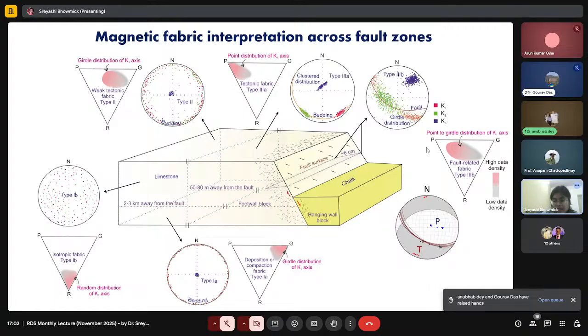So we can infer that if sigma 1 is here, then the maximum shortening axis for the AMS is K3. So we find the K3 cluster here. And because we are talking about triaxial state of strain, we will also see a K1 and a K2 cluster within the extension field. So therefore, this defines a tectonic fabric.